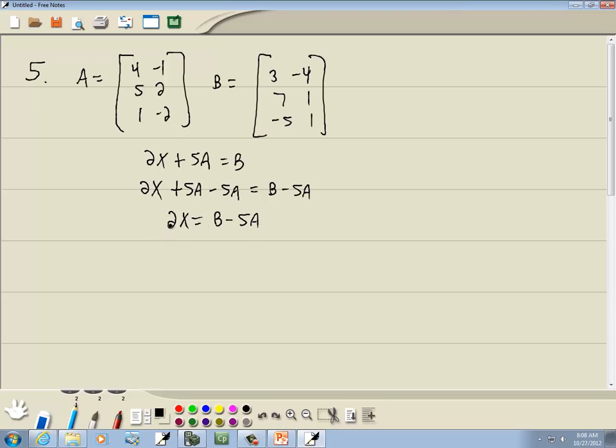Now, we don't want to think of it so much as divide as it is multiply both sides by 1/2, in terms of matrices. Works out better that way. So these cancel, and we got x is equal to 1/2 (b minus 5a).